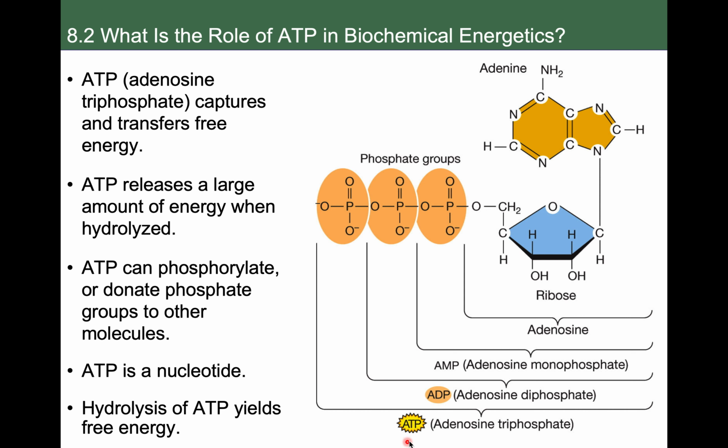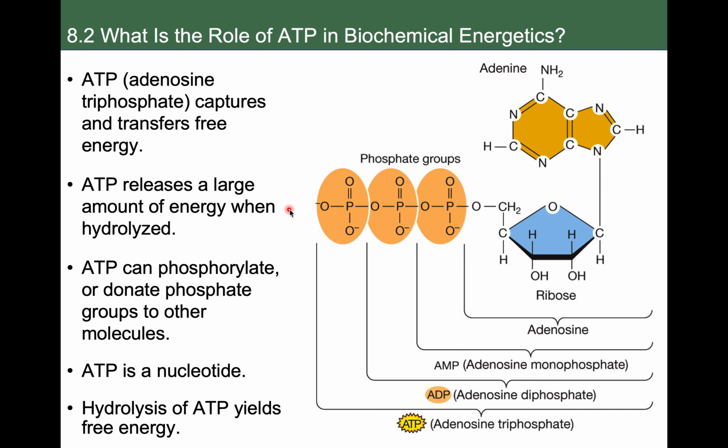You'll see ATP being converted into ADP, diphosphate, because ATP was hydrolyzed. We broke one of these bonds, removed one of the phosphate groups, and we go from triphosphate to diphosphate. And you could even go all the way down to monophosphate, AMP, and that could move in the reverse direction as well, right?